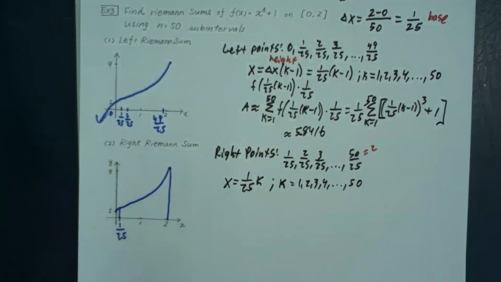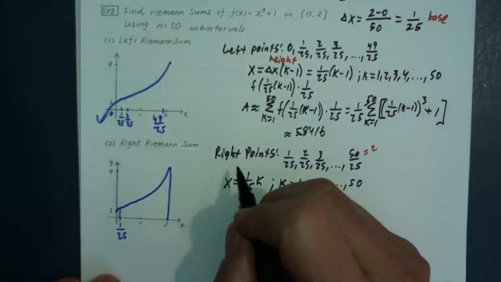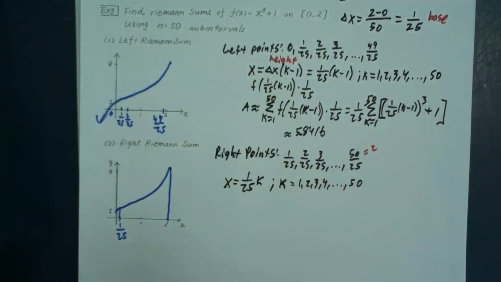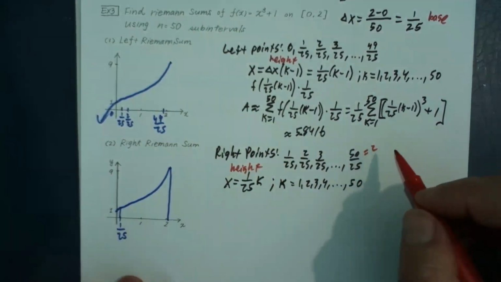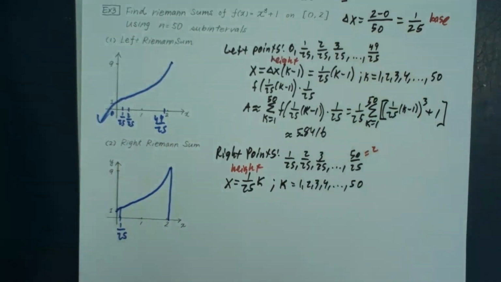Now, the previous one had the k minus 1. Once again, this is the height. Our base is the same, it's still 1 over 25.